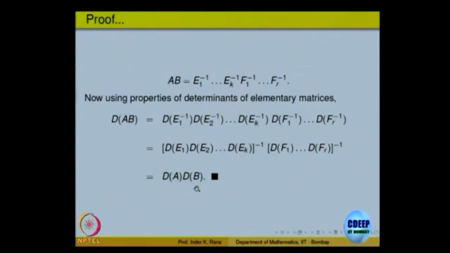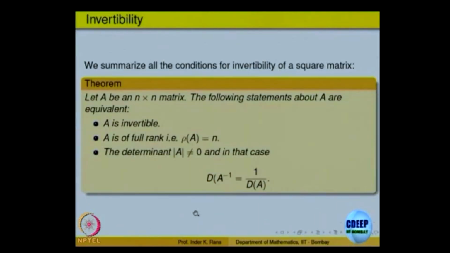Now I can write down, if A is invertible, what is the determinant of B when B is A inverse? I can apply that trick again: A times A inverse is identity. So what is the determinant of A inverse? 1 over the determinant of A. Earlier we did it for elementary matrices.